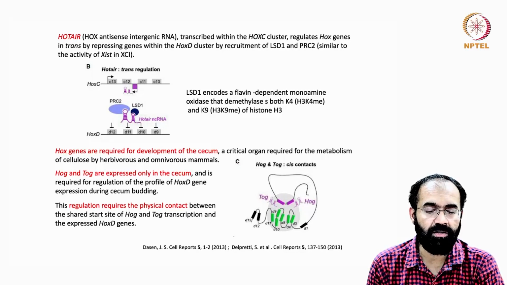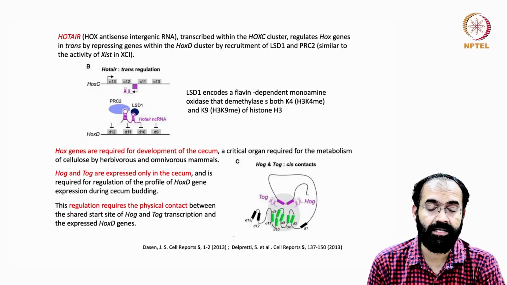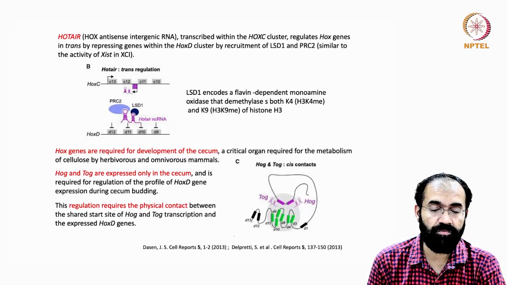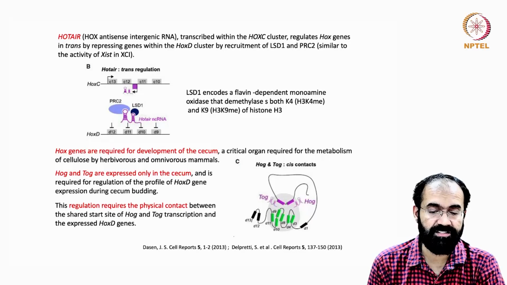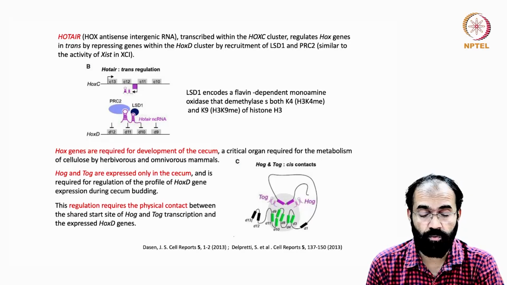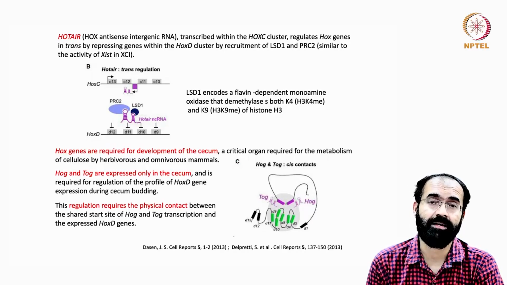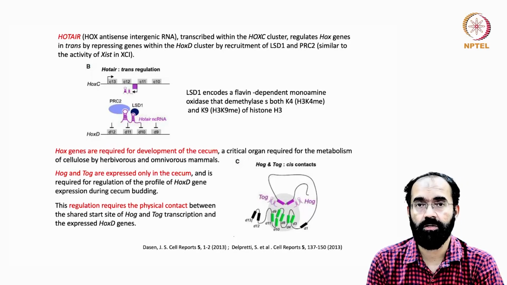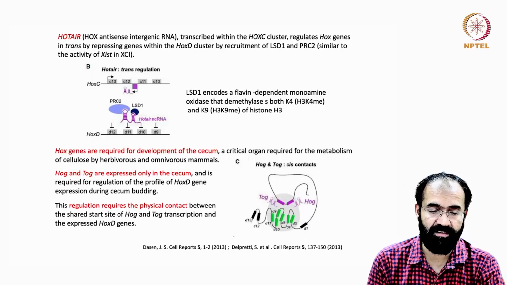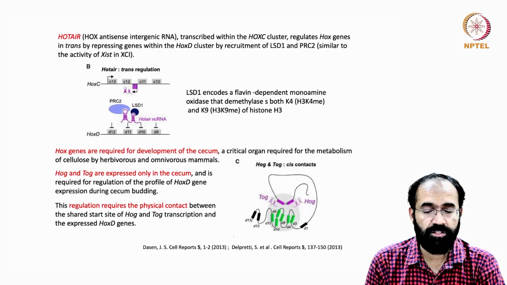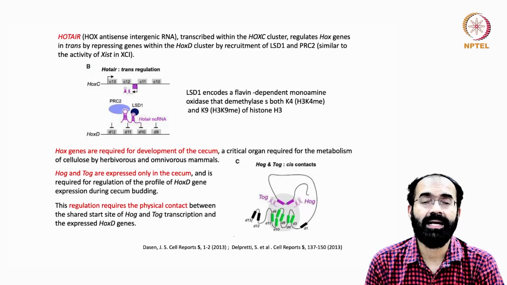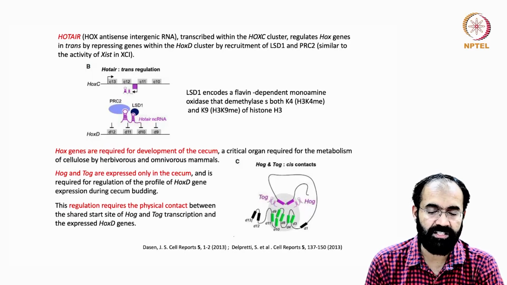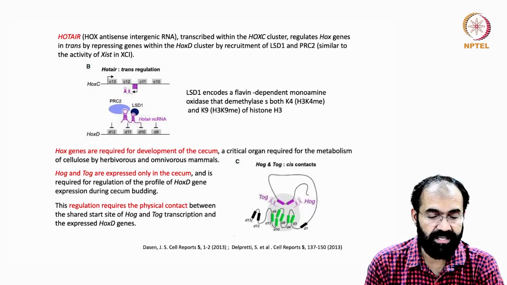So HOG and TOG are expressed only in the cecum and are required for the regulation of the profile of HOXD gene expression, and that is required for the cecum budding, meaning it forms like a small bud during embryonic development. So we should understand that HOG and TOG critically control the expression of HOXD.